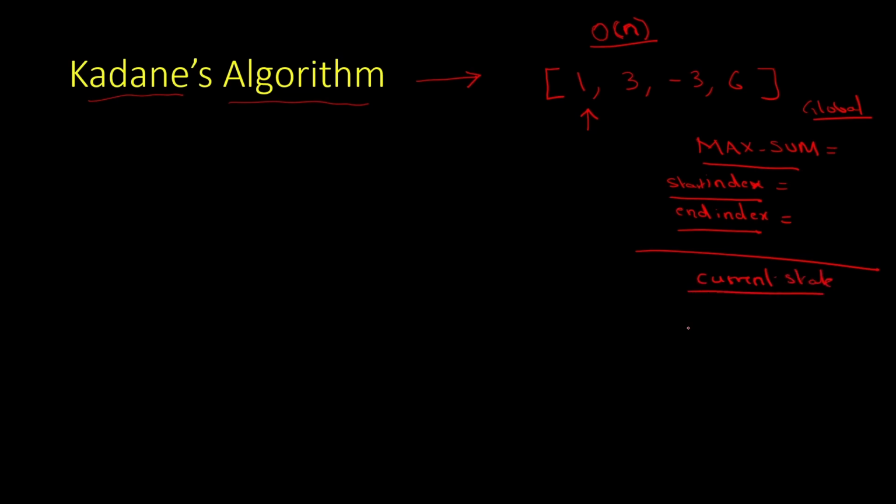So it would be current start index. Similarly, current end index and something like current sum.